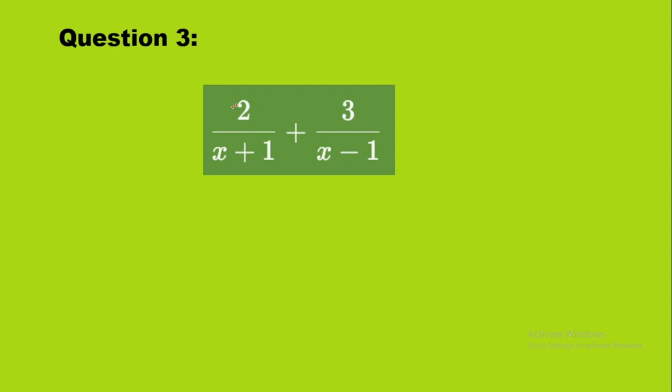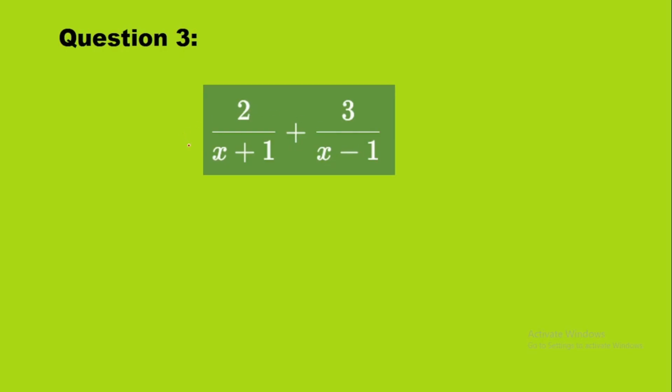So let's look at this one for starters. We have 2 over x plus 1. What would be the denominator for the fraction opposite to this one right here? If you look at the fraction opposite to this one, it would be 3 over x minus 1.